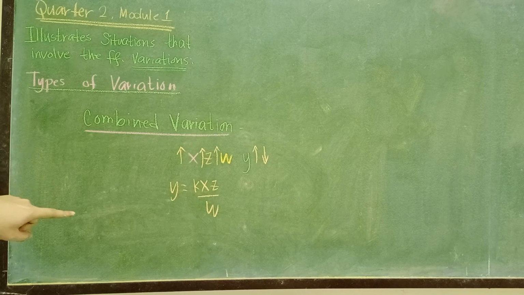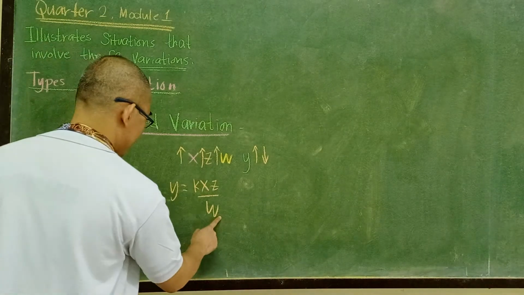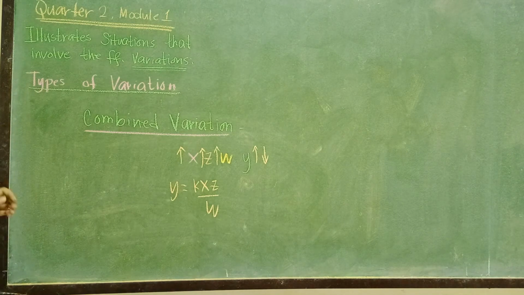So yung value ng y, depende kung gaano kalaki yung value ng w. So kung yung value ng w is mababa, kumpara doon sa product ng x and z, yung y mo tataas. Pero kung mataas yung value ng w mo, kaysa doon sa product ng x and z, yung y mo bababa. So, depende yung value ng y doon sa value ng w. So, ganyan yung combined variations.